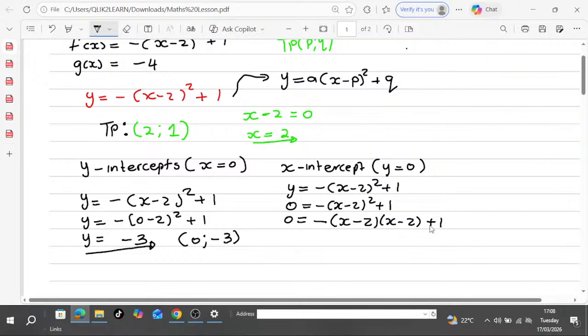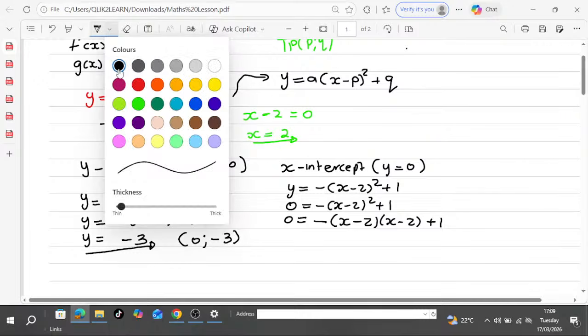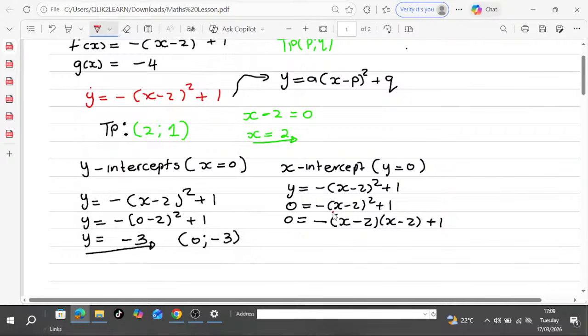Now I need to multiply out the bracket, but what we need to note in this problem is that the negative will multiply everything that we get when we do the FOIL method. So 0 is equal to negative, big brackets.